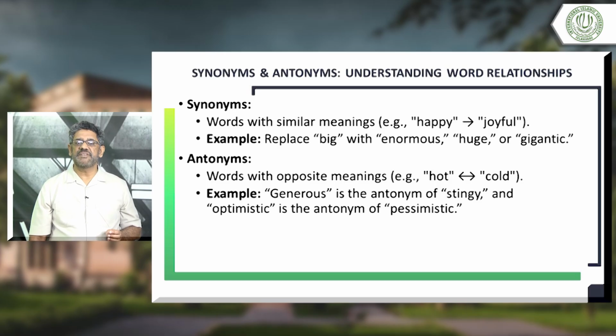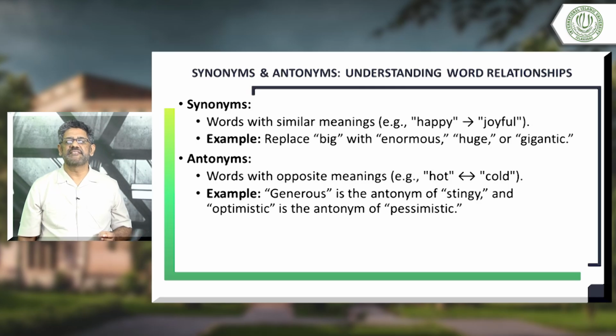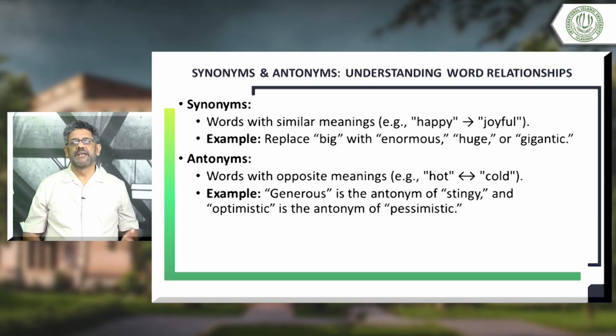Then synonyms and antonyms, understanding word relationships. Synonyms, words with similar meaning. Example, happy, joyful. When you are using vocabulary, you cannot use big all the time. Instead of big, you can use enormous, huge, gigantic.